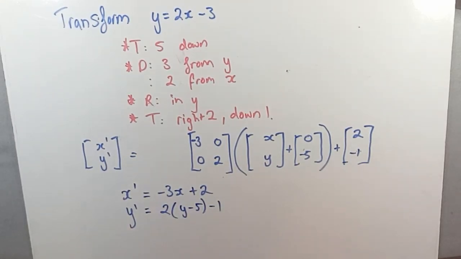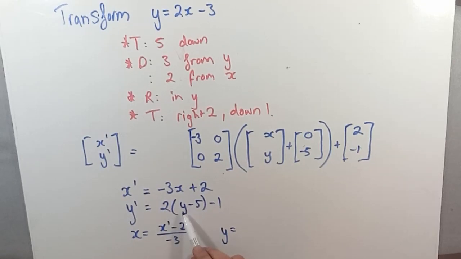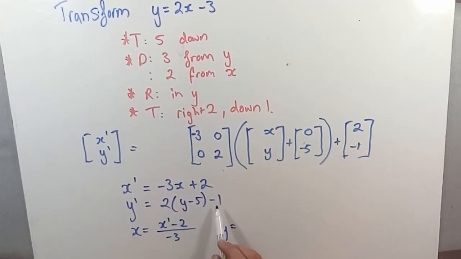Now if I rearrange these for x and y, what's x? x is going to be x image minus 2, divided by negative 3. And our y is going to be, what do we get here? Should we expand?